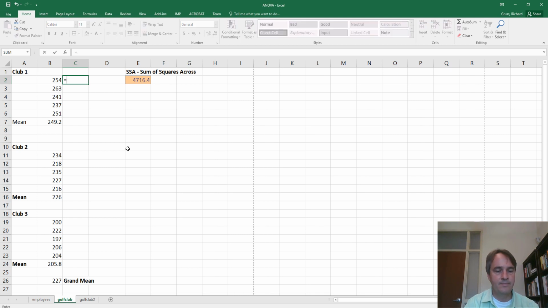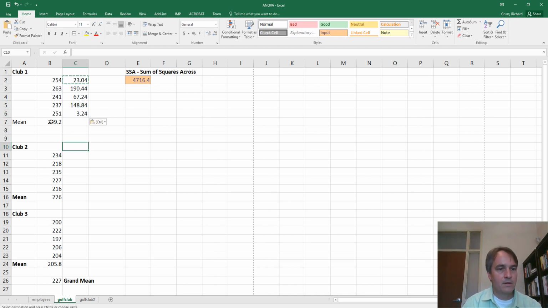So this will be this minus this group mean, and I'll hit F4 to make that an absolute reference, and we'll square that. Because I made an absolute reference, I can just copy down like this.